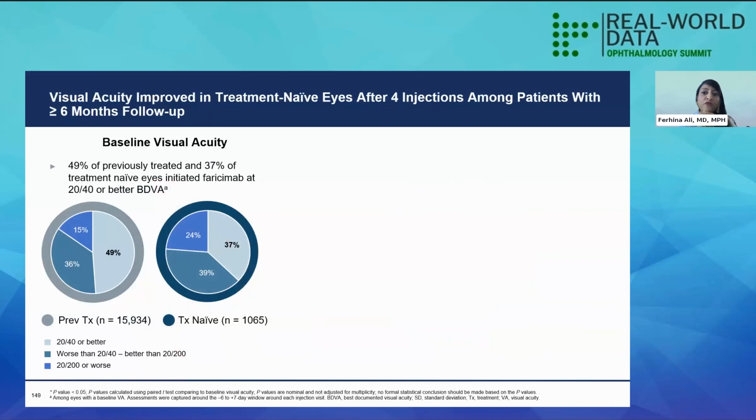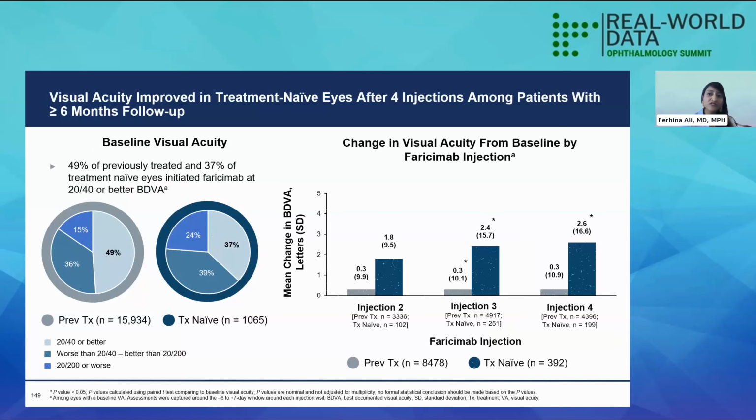We saw that 49% of previously treated eyes and 37% of treatment naive eyes initiated faricimab with vision of 20/40 or better. And among those eyes with at least 6 months of follow-up, after 4 injections of faricimab, vision remained stable from baseline in previously treated eyes, and vision gains were observed in treatment naive eyes with a mean gain of 2 letters after 4 injections.